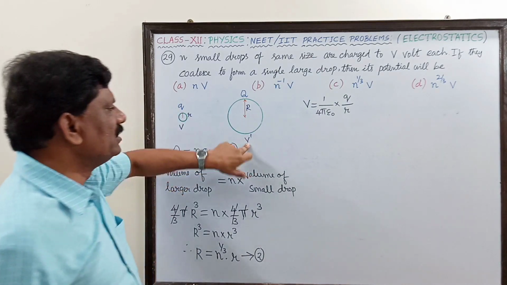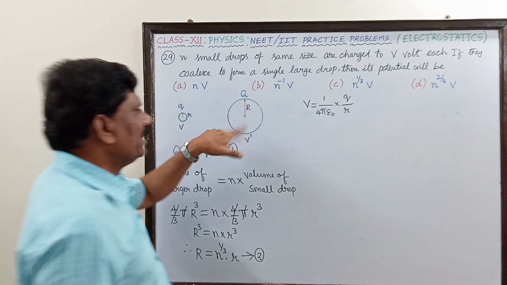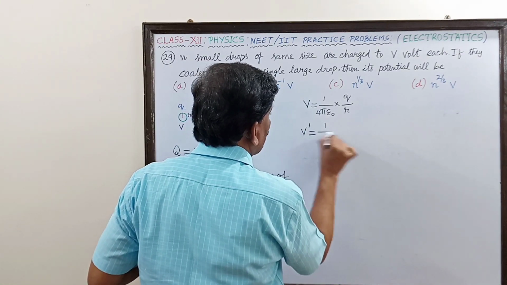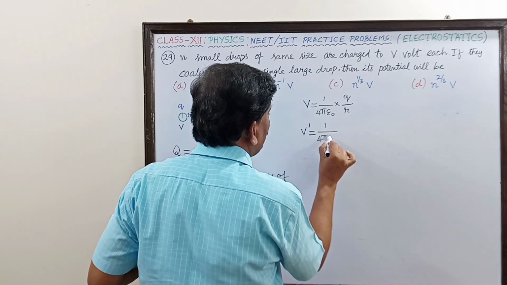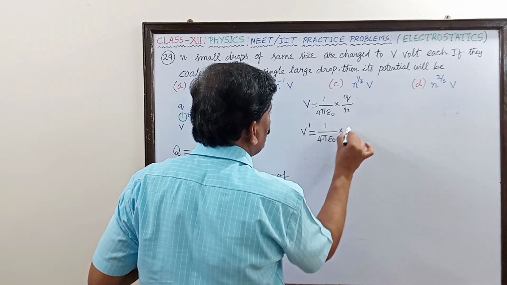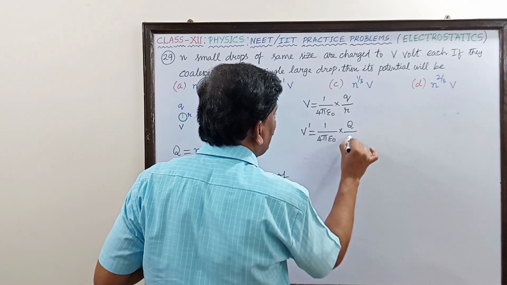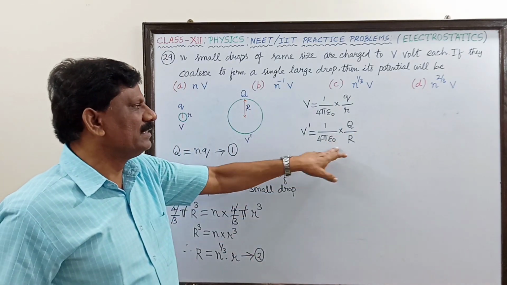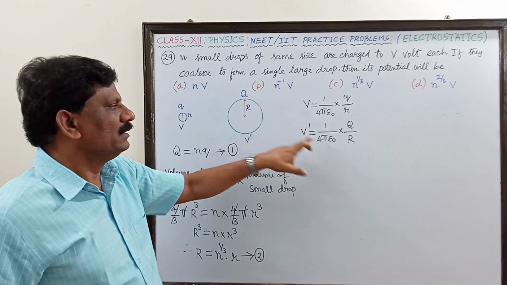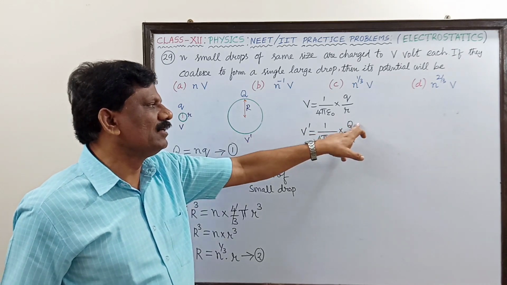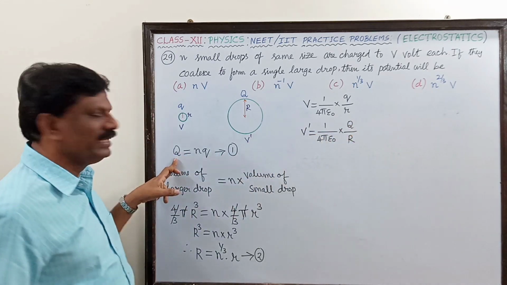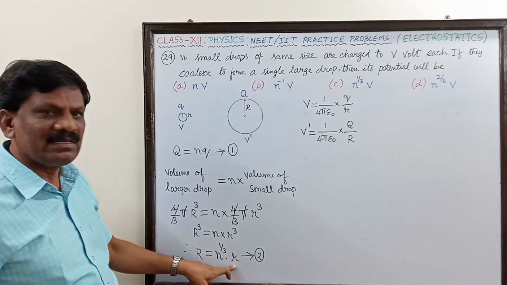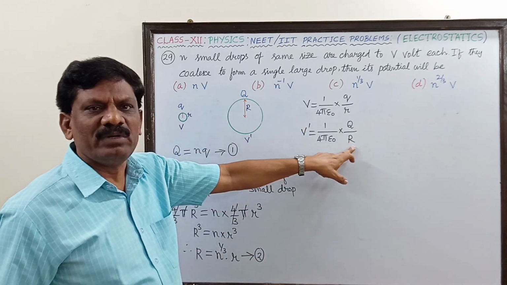Similarly, what is the potential on the surface of the larger drop, V dash? V dash must be equal to 1 by 4 pi epsilon naught into capital Q divided by capital R. So look at this V dash. What is capital Q in equation 1? We are going to substitute there, and capital R in terms of small r we are going to substitute here.